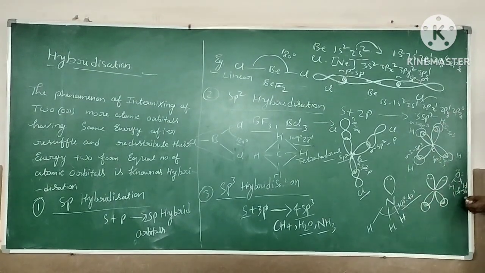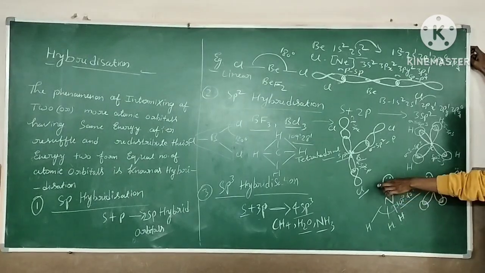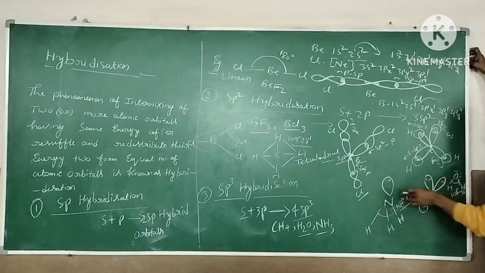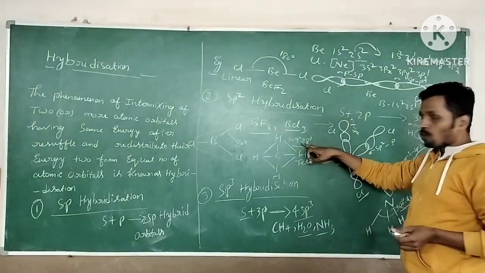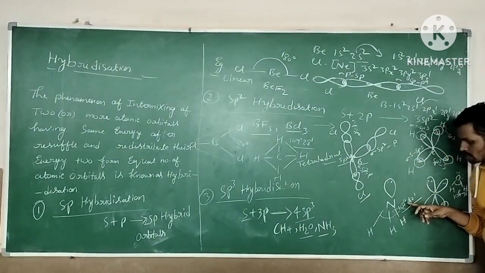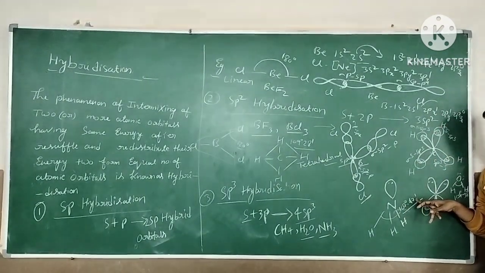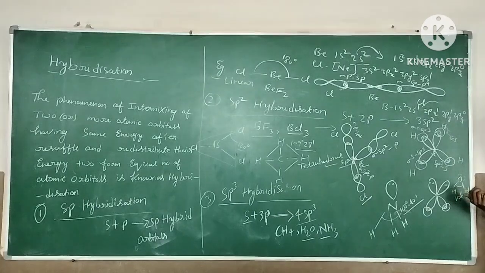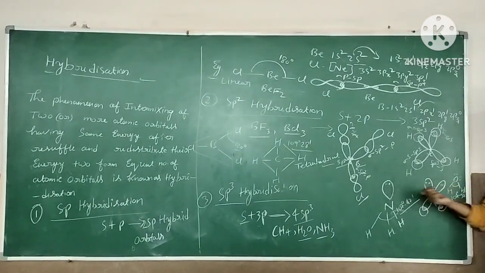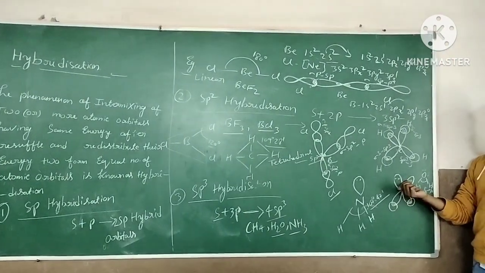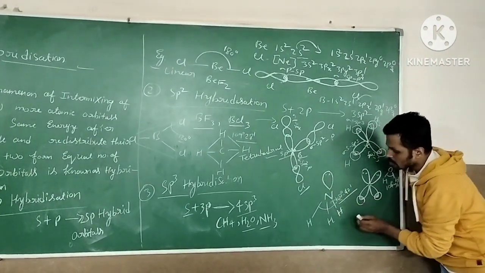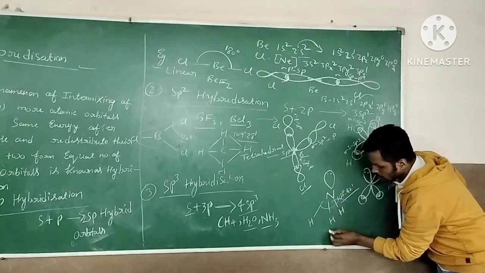Next, water. Ammonia contains only 1 lone pair, so there is more repulsion between the lone pair and the bond pairs, and the bond angle changes from 109 degrees 28 minutes to 107 degrees 47 minutes in ammonia. But the water molecule contains 1 more lone pair, so there is more repulsion than in ammonia, and not only the bond angle but also the shape of the molecule changes. Ammonia is pyramidal.